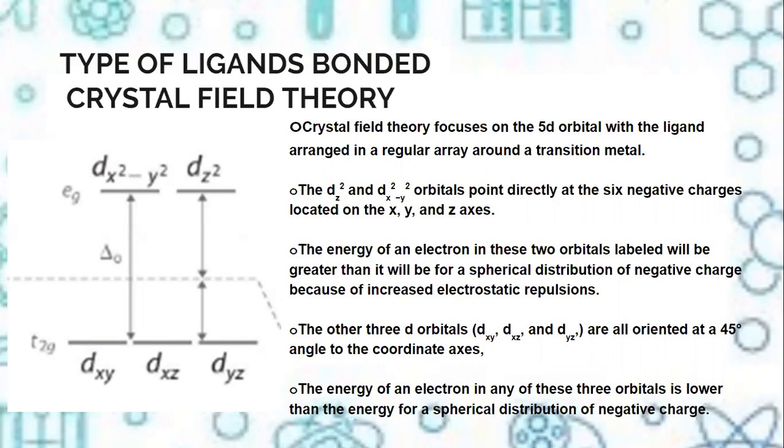The energy of an electron in these two orbitals will be greater than in a spherical distribution of negative charge because of increased electrostatic repulsion. I will explain later. The other three d orbitals, dxy, dxz, and dyz, are oriented at a 45 degree angle to the coordinate axes. The energy of an electron in these three is lower than in a spherical distribution of negative charge.